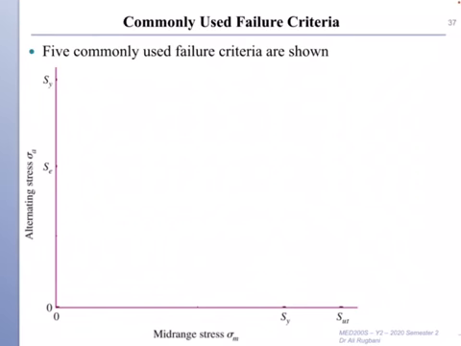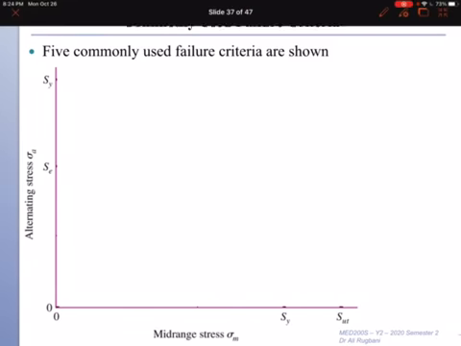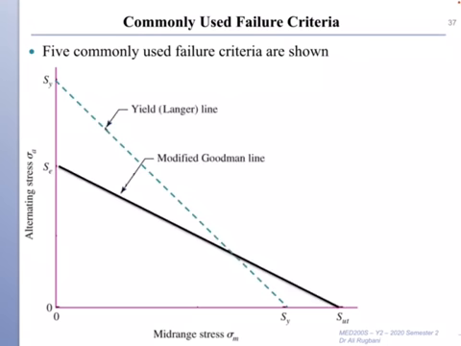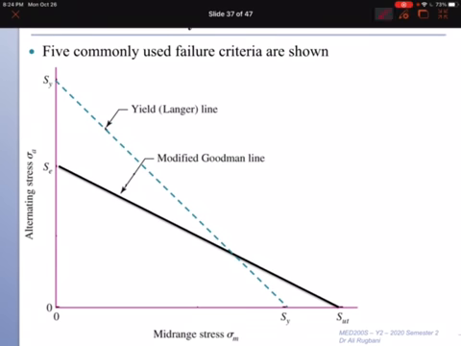Modified Goodman is the most used one, or the simplest method to use. In Modified Goodman, we link endurance strength with ultimate strength. So the mid-range stress is compared to ultimate strength, and alternating stress is compared with endurance limit.